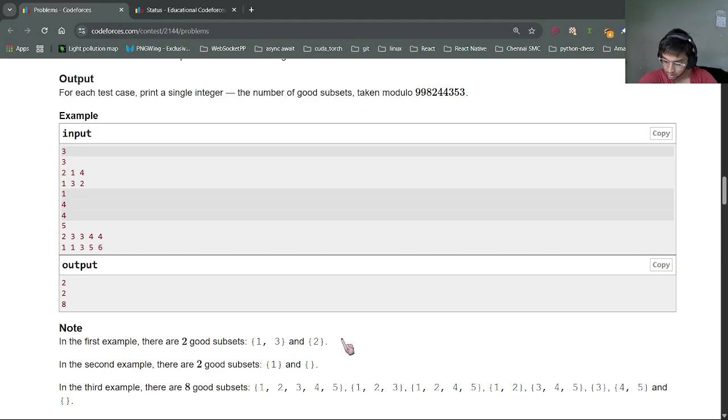At a time, we can calculate 1, 2, 1, 3, 1, 4, 2, 3, 2, 4, 3, 4, then 1, 2, 3, 1, 2, 4, 2, 3, 4. 1, 2, 3, 1, 2, 4, 1, 2, 3, 4, 2, 3, 4. Right. Oh my God.